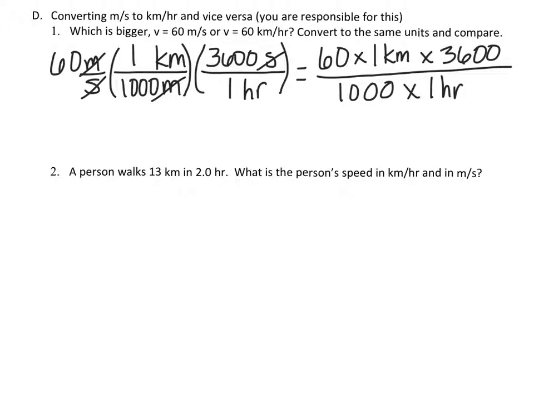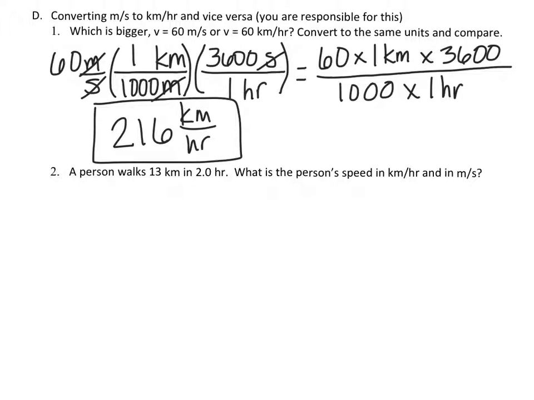So I simply plug those into my calculator, and I end up with units of kilometers per hour. And this turns out to be 216 kilometers per hour, which now when we go to compare them, if we compare numbers that have the same units, it's really easy to see now that 216 is much, much larger than 60.